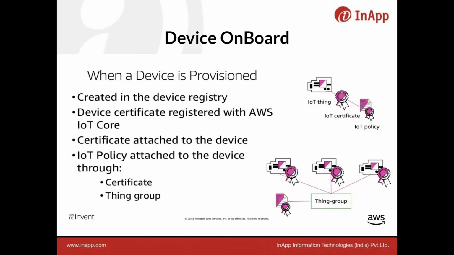So all those are defined in those policies, and you can group those policies into something called a thing group, and you define the policies for that thing group, and you associate all the devices to a particular group. Those group of devices will have a certain set of policies defined for them.